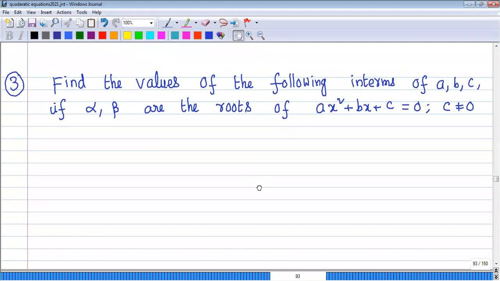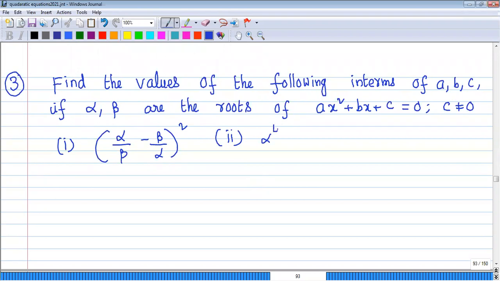Right. In that, the first question we have alpha upon beta minus beta upon alpha whole square. Second question is alpha power 4 beta power 7 plus alpha power 7 beta power 4.